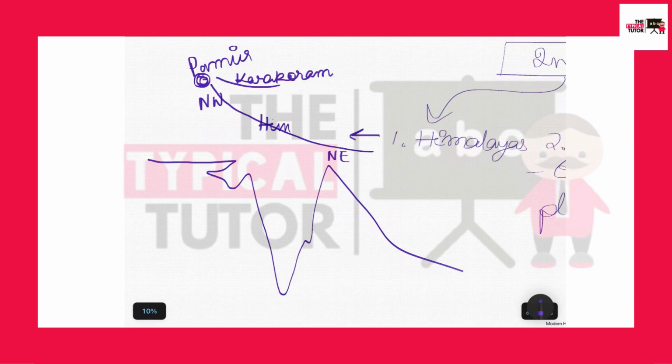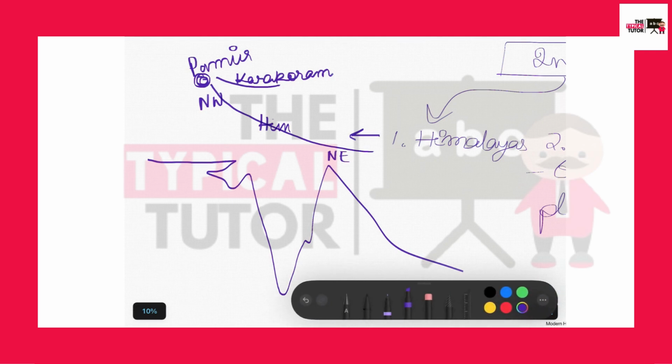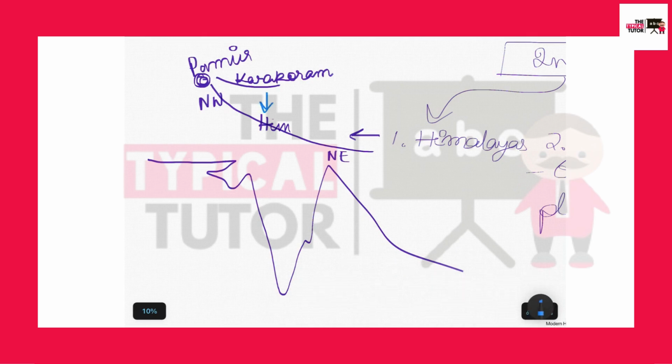So, the Himalayas have always acted as a natural barrier for India, protecting it against invasions. Not only that, it prevents the cold Arctic winds from Siberia from entering into North India.